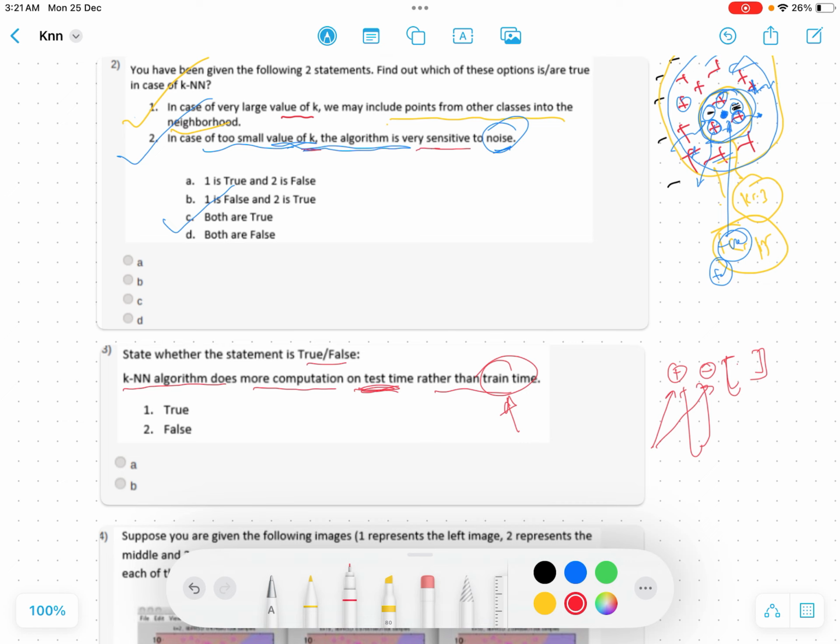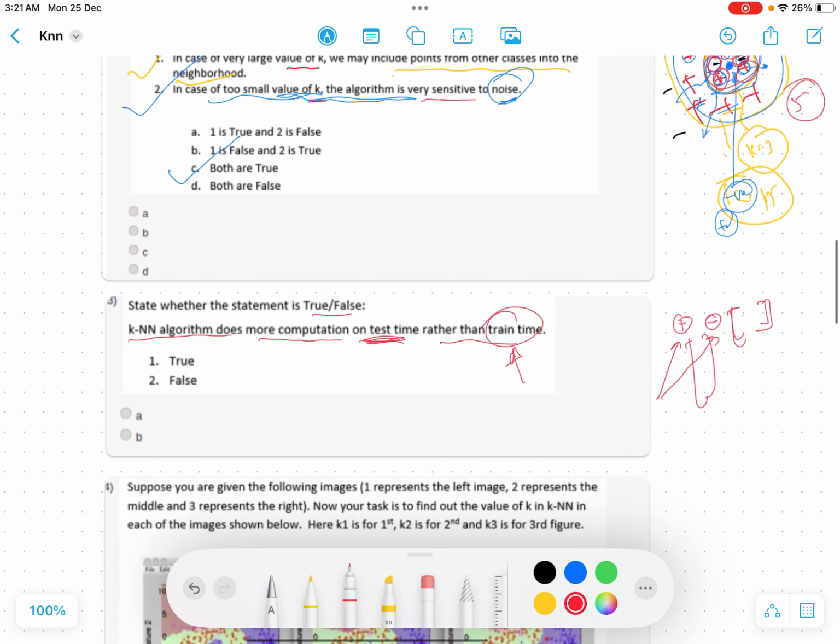I mean to say, here if you see three positive class and two negative class, and you are looking at five nearest neighbors, then three are the positive class, so ultimately it is going to be classified as the positive class.